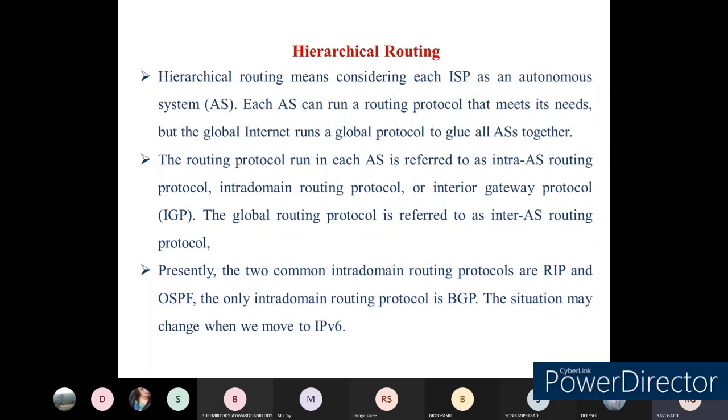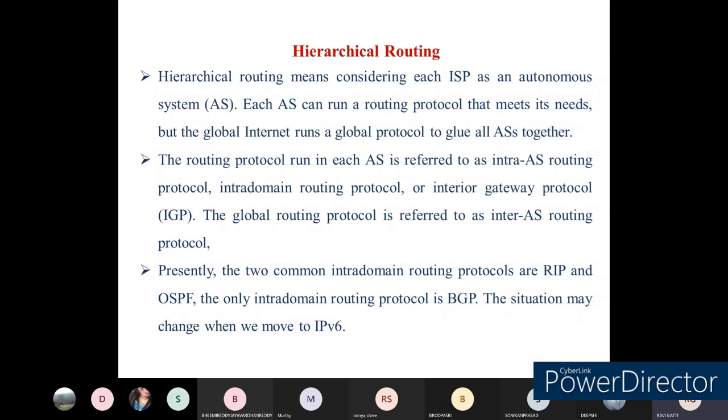With the use of this, we can establish a routing protocol for the interior gateway protocol, that is IGP, whatever we have read, right? So we can create this global routing protocol by using the intra-AS routing protocol.